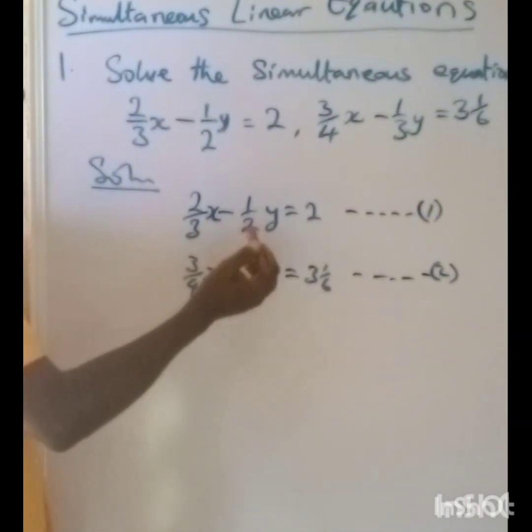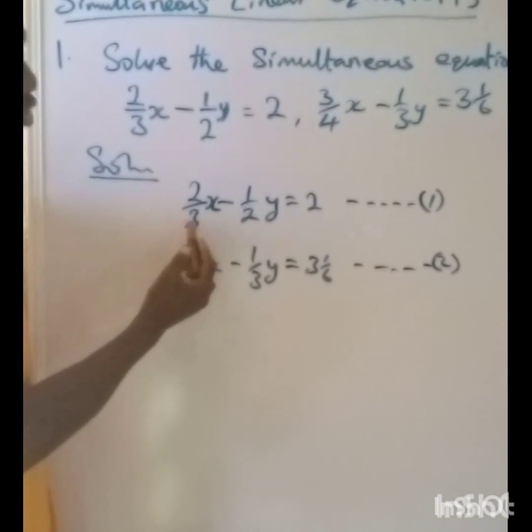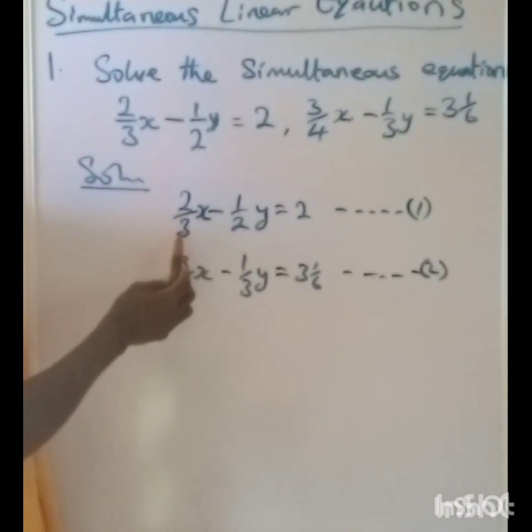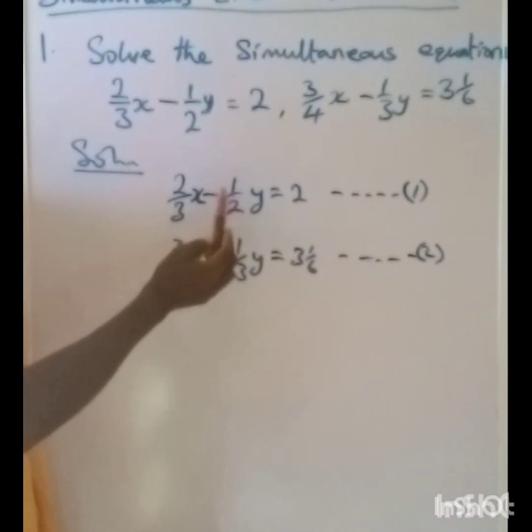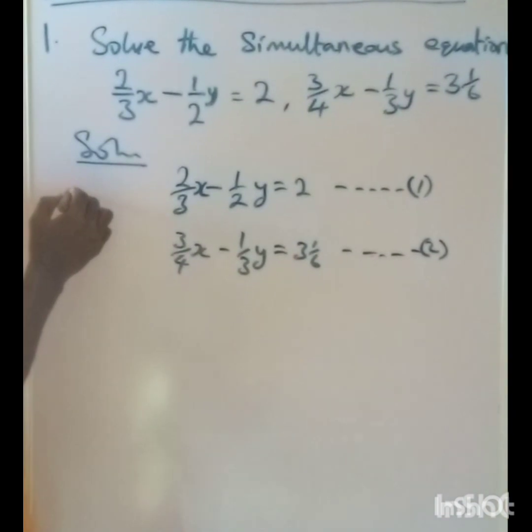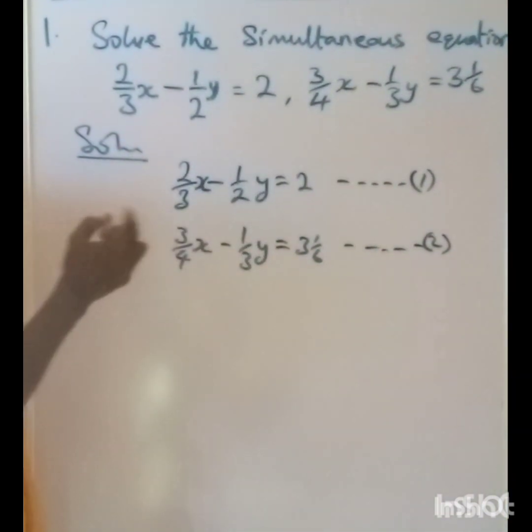To clear these fractions, you multiply through with the LCM of the denominators. The LCM of 3 and 2 is 6. So we'll multiply equation 1 with 6.